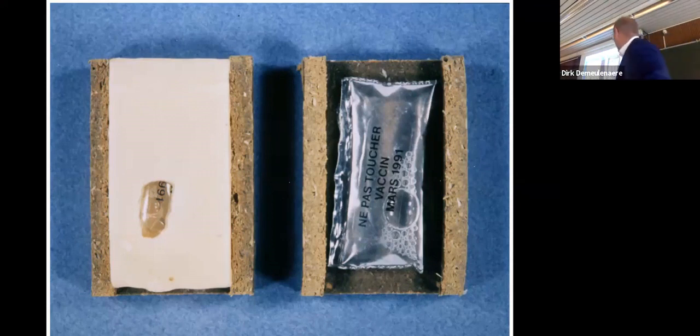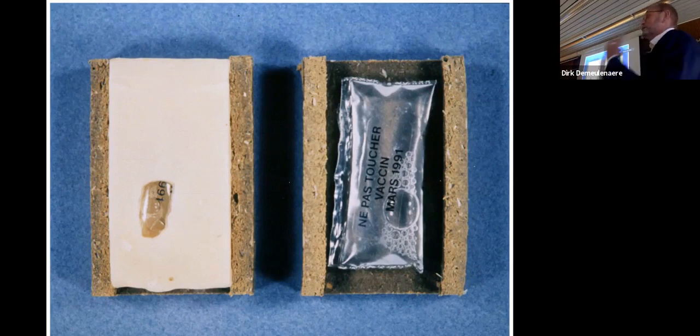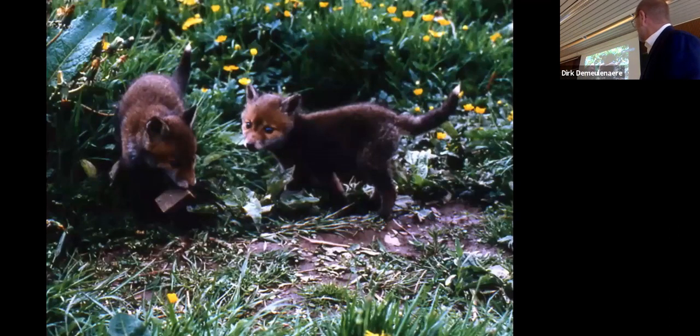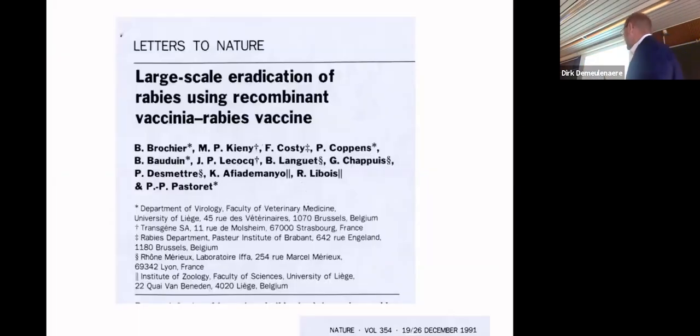So they were collecting this from a slaughterhouse, and it has to mature to smell like mad, because it's very important that the final bait smells strongly, so that the foxes find them very quickly in the woods. And I described to you how they are released in the woods. And this turned out to be very efficient and led to the eradication of rabies in Europe, which was quite a major achievement.